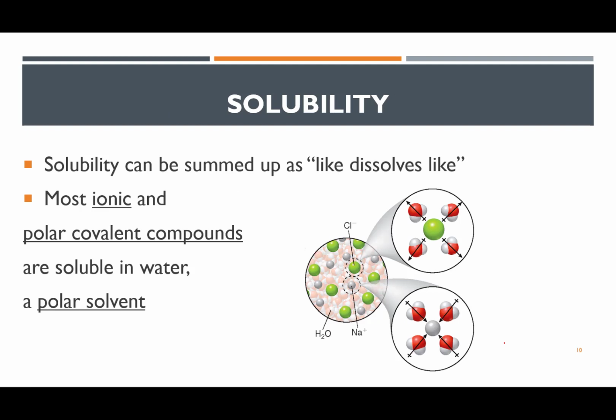Now let's continue with solubility. The key is that when we talk about solubility, or what can be dissolved in what, the rule is like dissolves like. What do I mean by like dissolves like? Ionic compounds and polar covalent compounds are soluble in water, or any polar solvent.